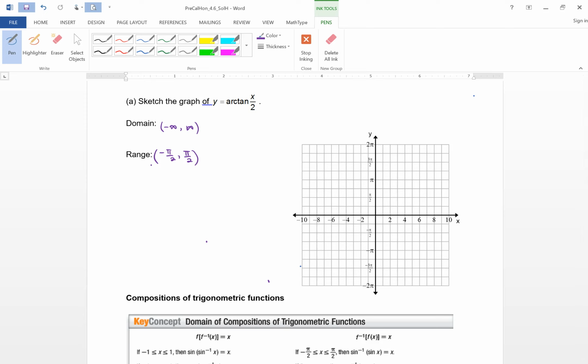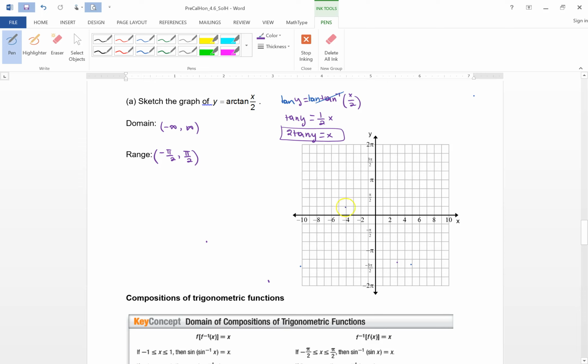Okay, so let's rewrite this now. y equals inverse tangent of x over 2. You take a tangent of both sides. So what you have is tangent of y is equal to x over 2, which is just half x. You multiply both sides by 2, so 2 tangent of y equals x.